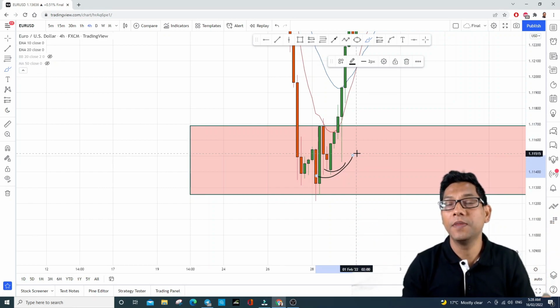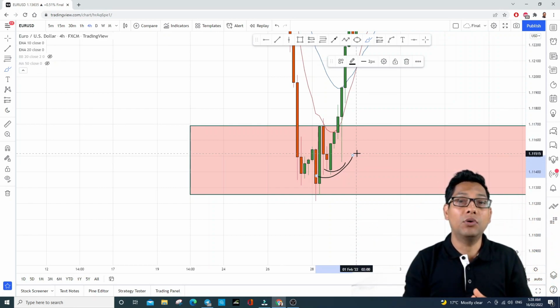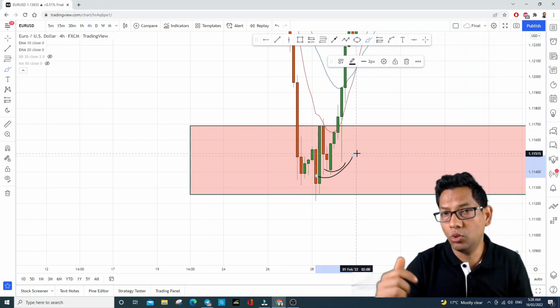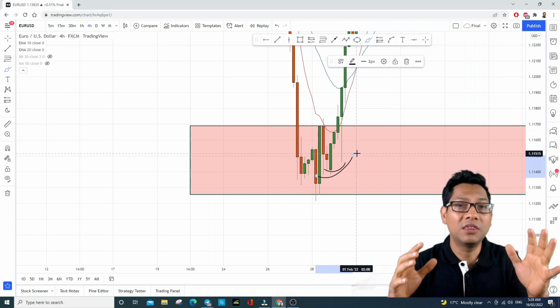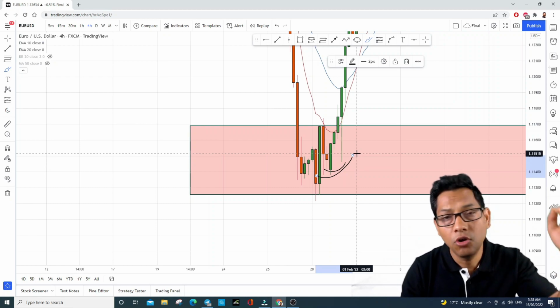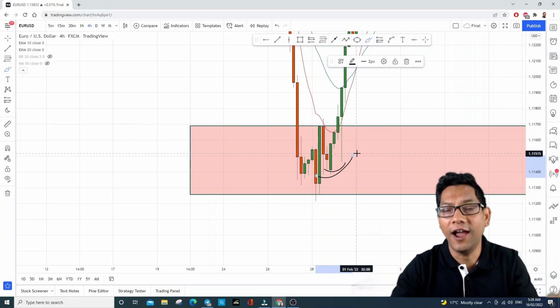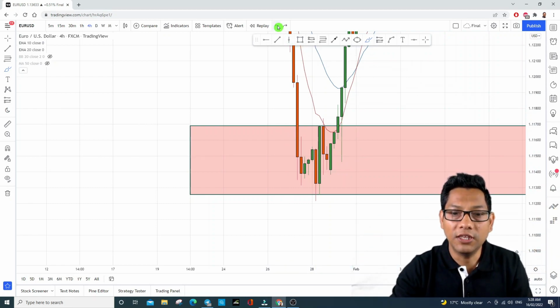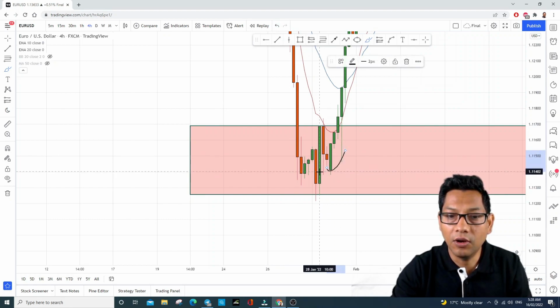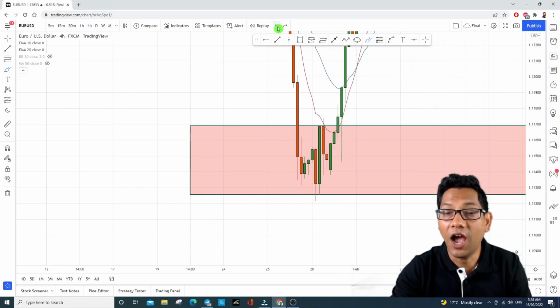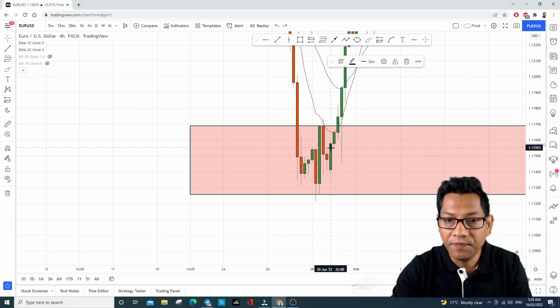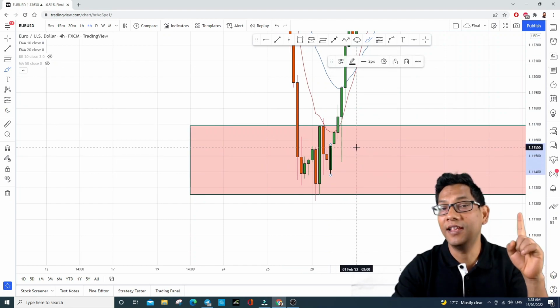Again, I'm repeating: when you are thinking about the bullish market, always look at the low. When you are thinking about the bearish market, always look at the high. What you saw is that they couldn't create any lower low; instead it has created a higher low, followed by this, the entry candle.